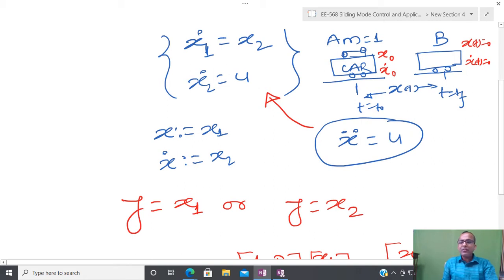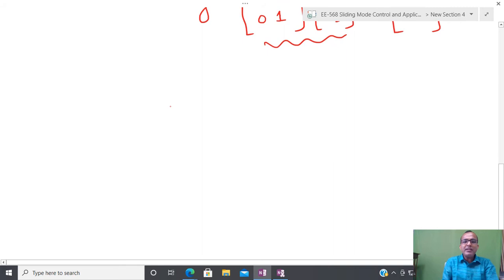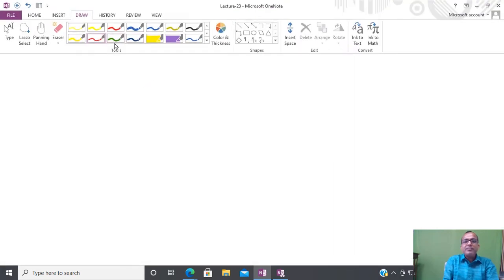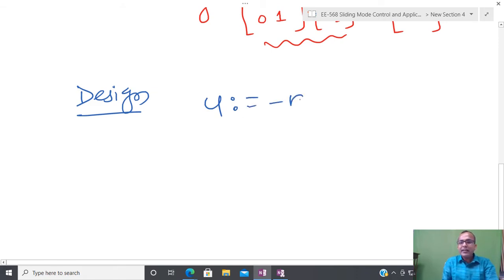For that we have already seen that since there is no disturbance and if both states are available, I can design the state feedback controller. So I can design u as a state feedback, u equal to minus k1 multiplied by x1, that is position, minus k2 multiplied by x2.